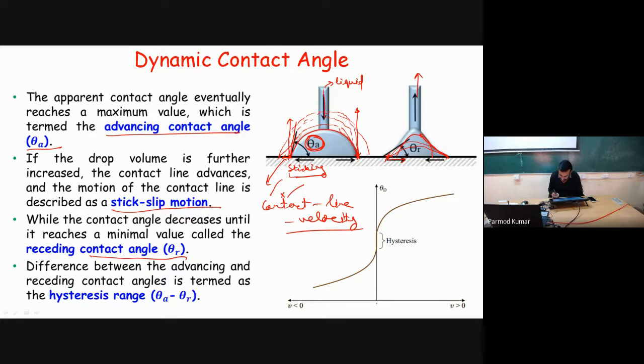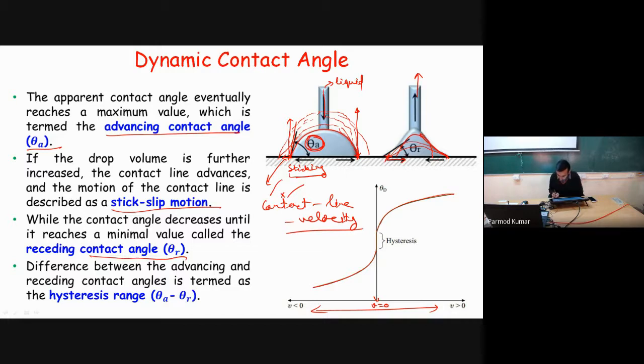So here you can see, this is our contact line velocity, and this is contact line velocity equal to 0. For velocity greater than 0, we have some advancing contact angle, and for contact line velocity less than 0, the value of contact angle will decrease.